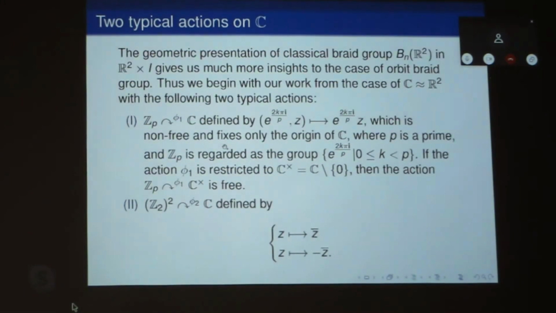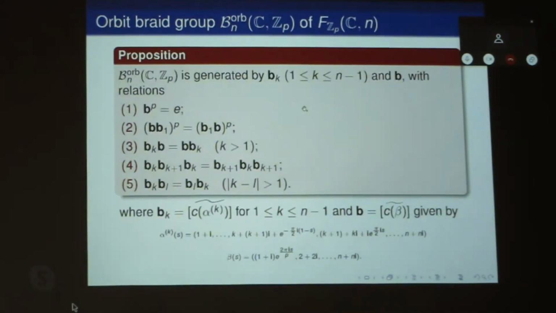This action is not free. It fixes only the origin. But if we remove the origin, the action is free. Another action is the action by the two reflections. About this one, this orbit braid, this orbit configuration space, we just calculate.